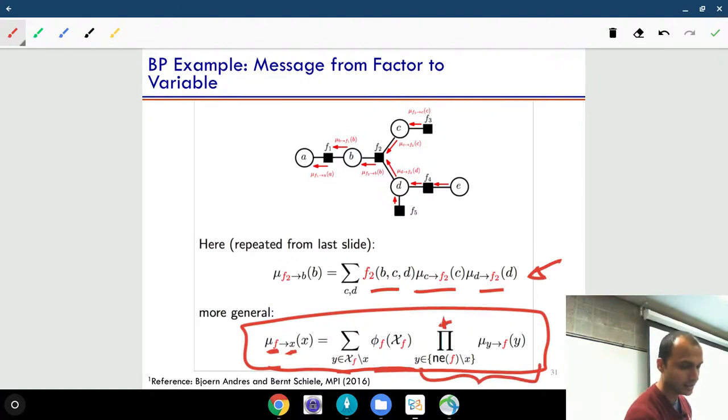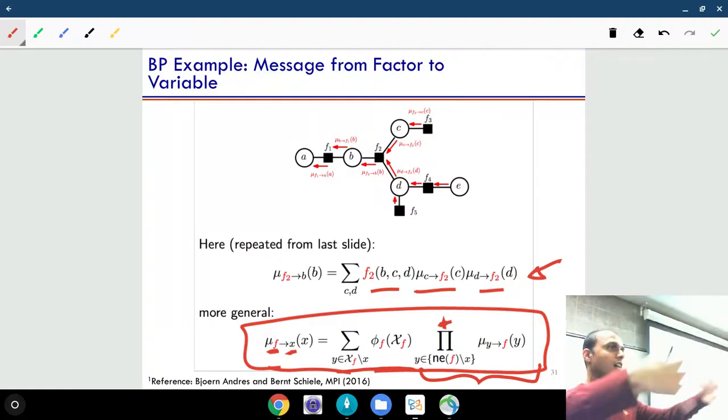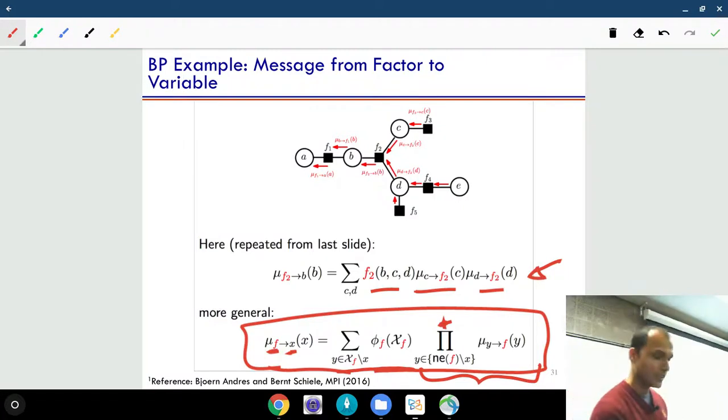This product here is a product of all the messages that I got from other variables, not involving the variable that I want to pass a message to. So if I want to pass a message to B, I don't need a message from B, only from the other nodes. Let's look at this example, focusing on F2. F2 wants to pass a message to B, and it's getting messages from two other nodes, C and D. So that's the product.